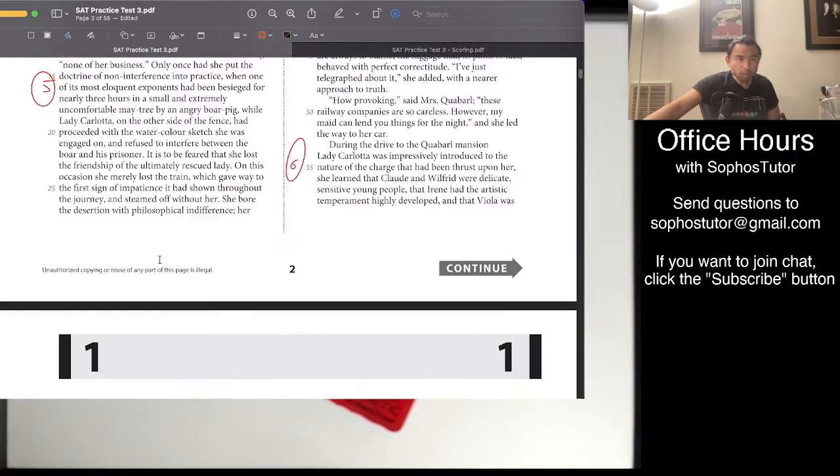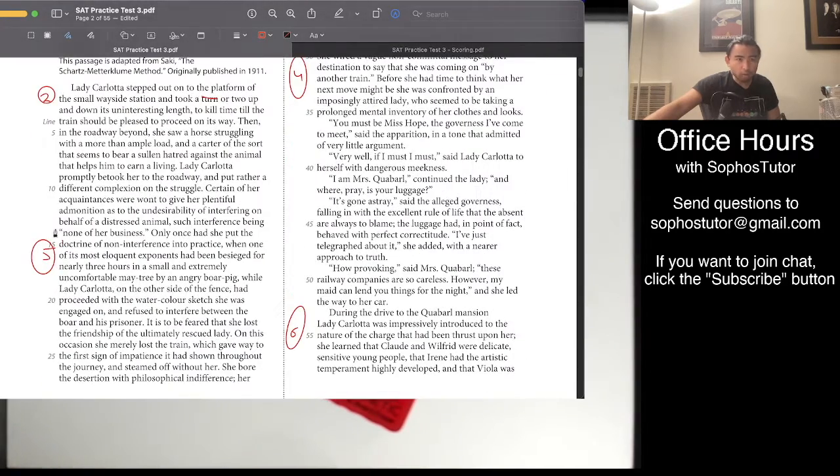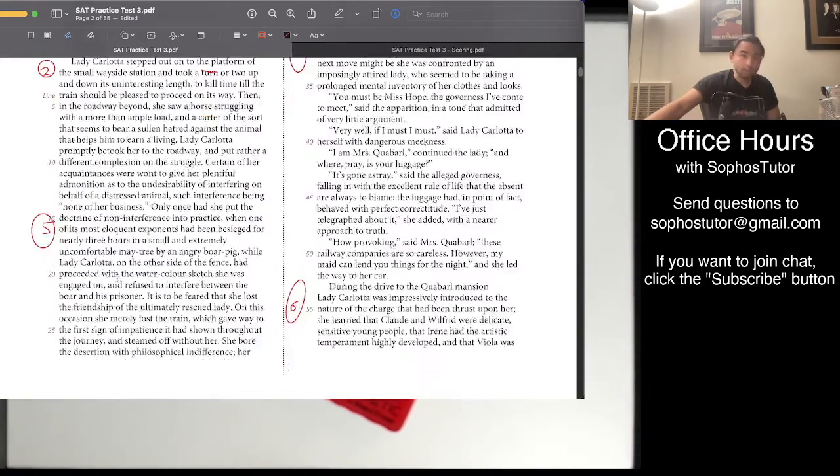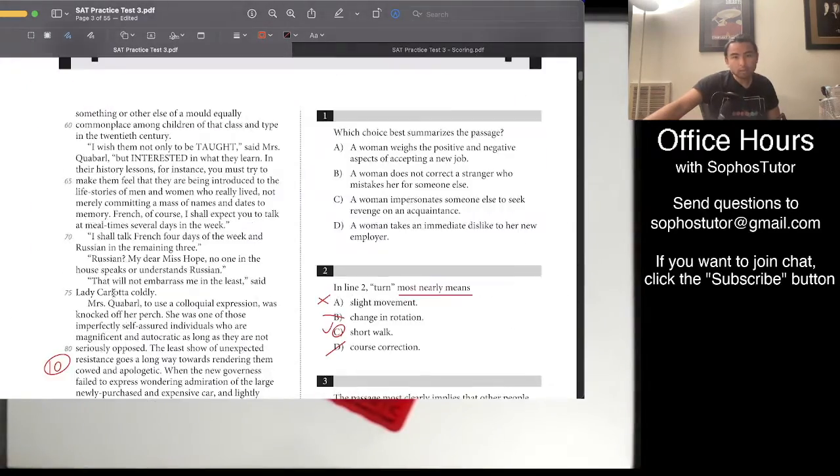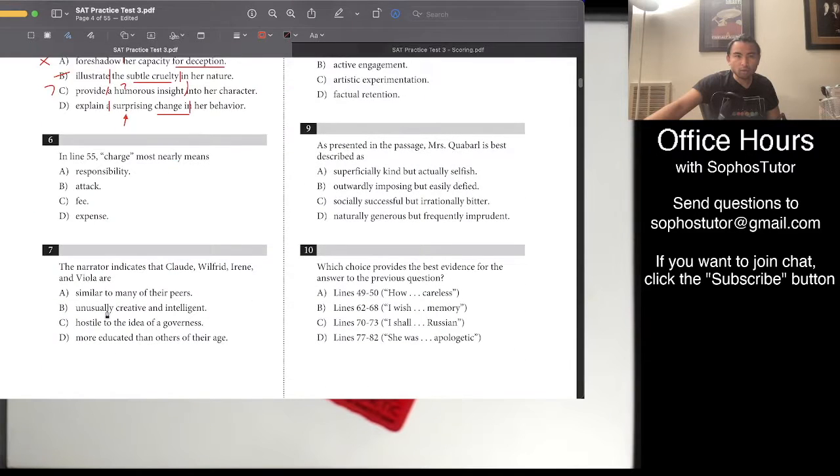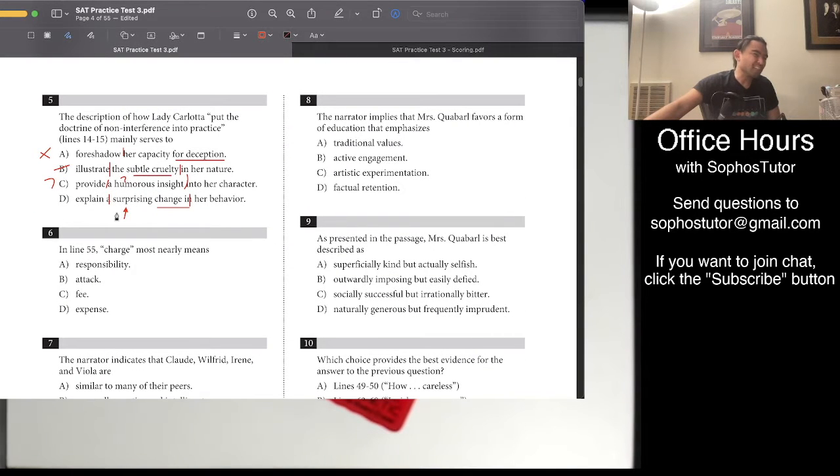Well, we already read before that she typically interferes on behalf of distressed animals. So to only once putting the doctrine of non-interference into practice would indicate a change. Okay, so I'll go with that. The question, though, is that surprising? Are we surprised that she changed her behavior?